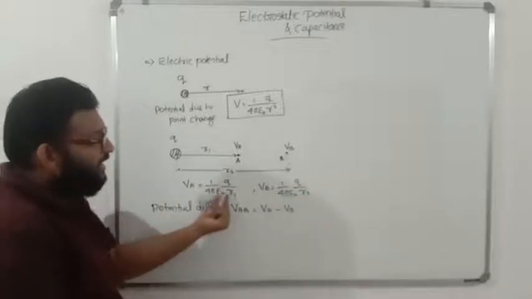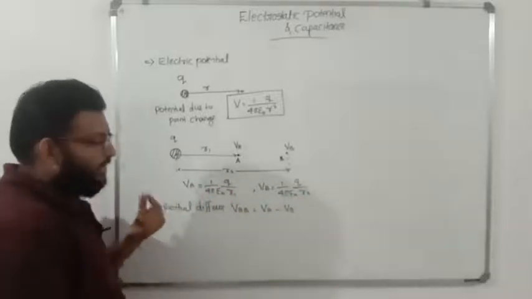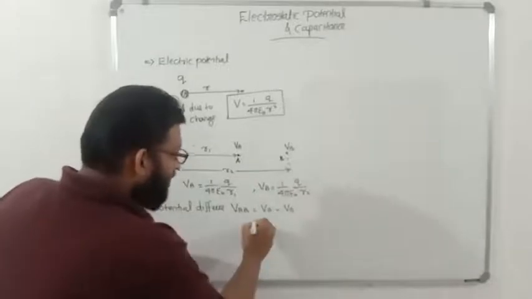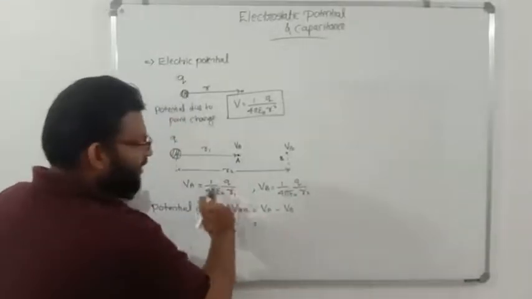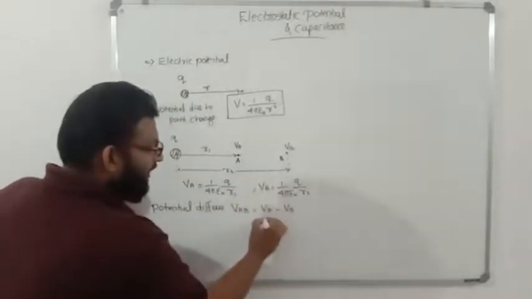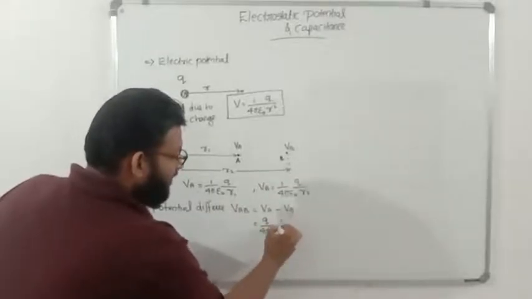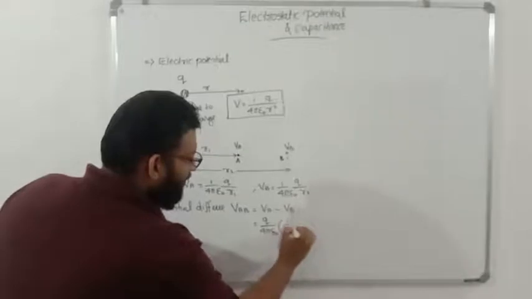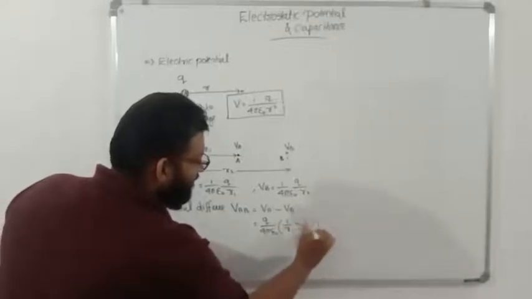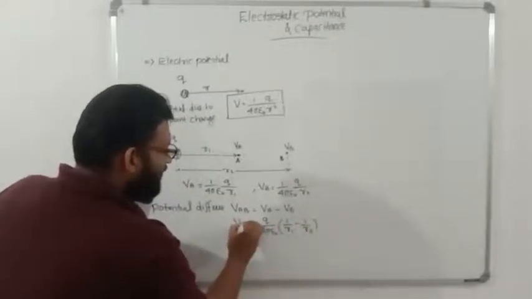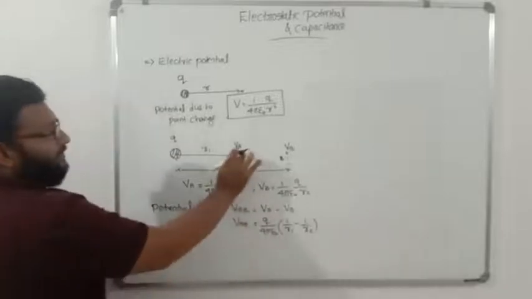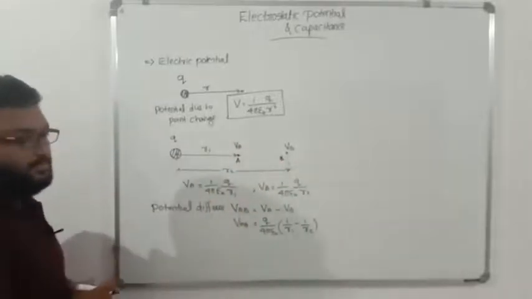So that's why we take VA as the higher potential, VB as the lower potential. Then what is the potential difference? Look at these two terms. We will take the common term 1 by 4 pi epsilon naught outside. Then we will have 1 by r1 minus 1 by r2. So this is the potential difference of any 2 points.